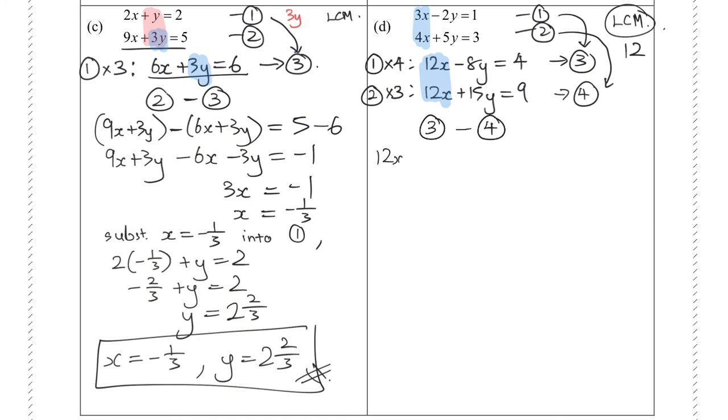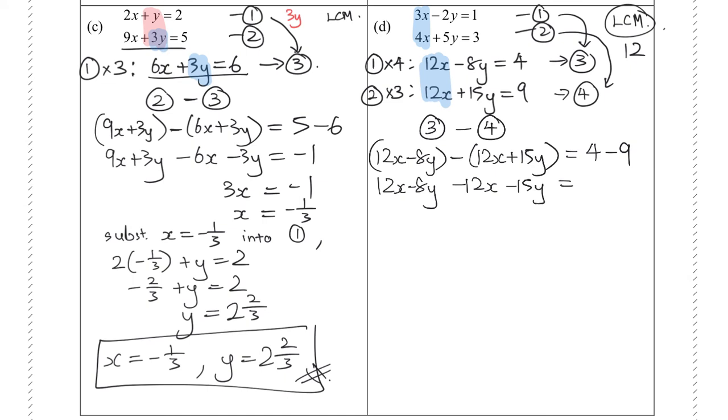So 12x minus 8y from 3 minus 12x plus 15y from 4. The other side I have 4 minus 9. Simplifying it, I will have this, and x is eliminated, only having negative 23y as the remainder. What a weird answer. When I divide it, I will just get positive 5 over 23.